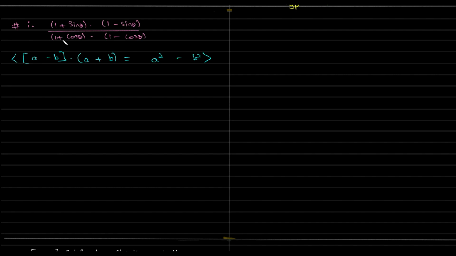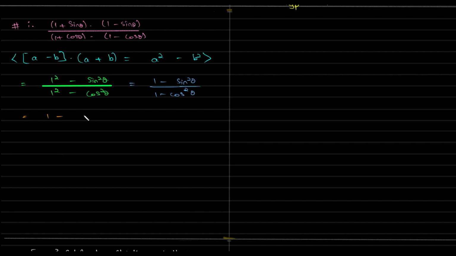So here you have a to be 1 and b to be sine theta. So in the numerator, we have 1 square minus sine square theta divided by 1 square minus cos square theta. So this is nothing but 1 minus sine square theta divided by 1 minus cos square theta. Substituting it over here is much easier than the other one.